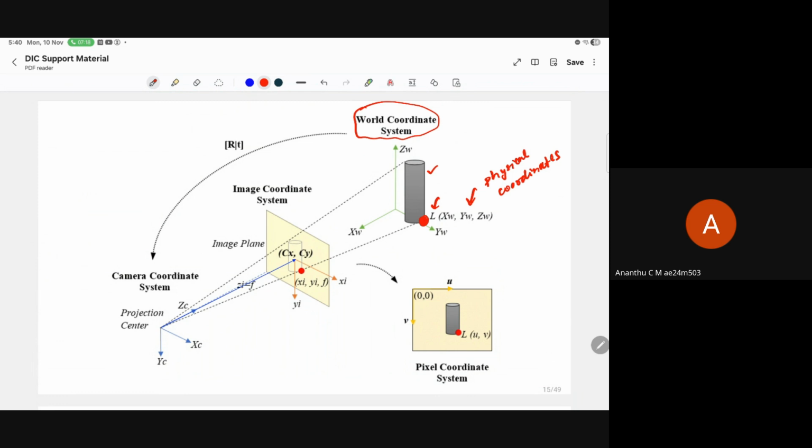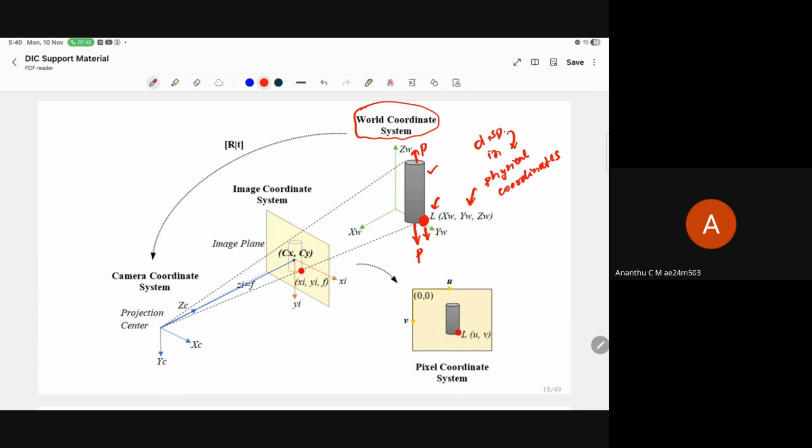Okay. So if you take this object, and let us say on this cylindrical object you apply load on both sides, right? This is going to have an extensional deformation. So this particular point will move like this, and because of that there will be displacement in physical coordinates.